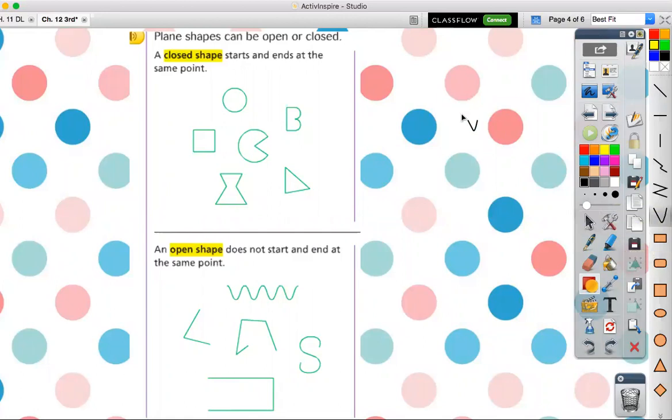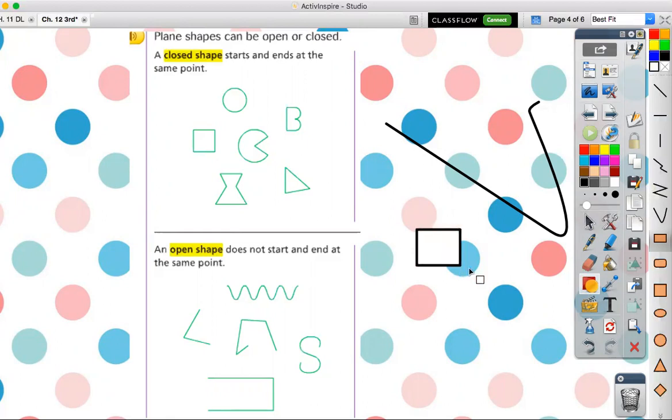Is this a closed or open shape? That is an open shape. Is this a closed or open shape? Good, that is a closed shape.